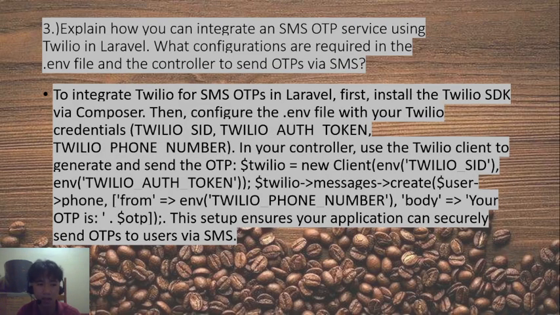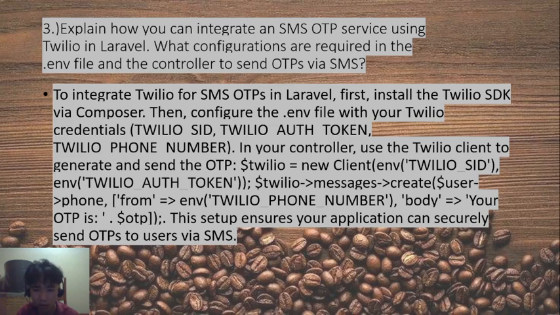Number 3: Explain how you can integrate an SMS OTP service using Twilio in Laravel. What configurations are required in the .env file and the controller to send OTPs via SMS? The answer is, to integrate Twilio for SMS OTPs in Laravel, first install the Twilio SDK via Composer. Then configure the .env file with your Twilio credentials: Twilio SID, Twilio token, and Twilio phone number.